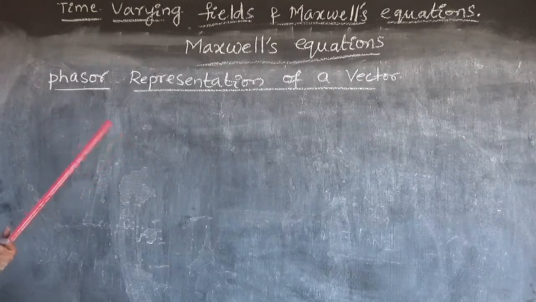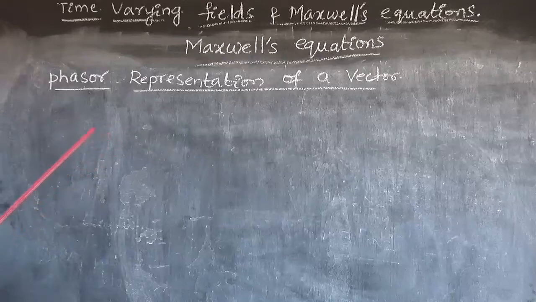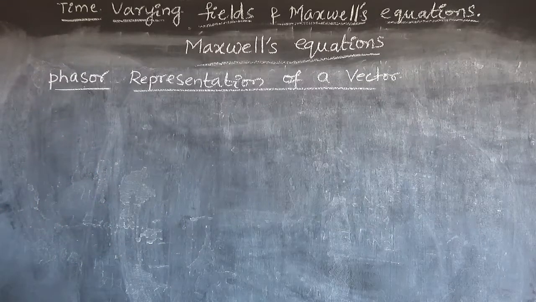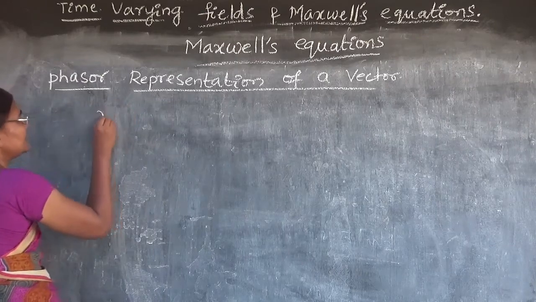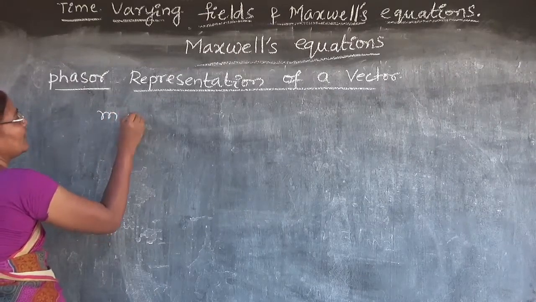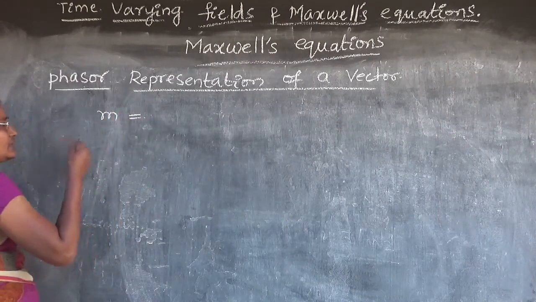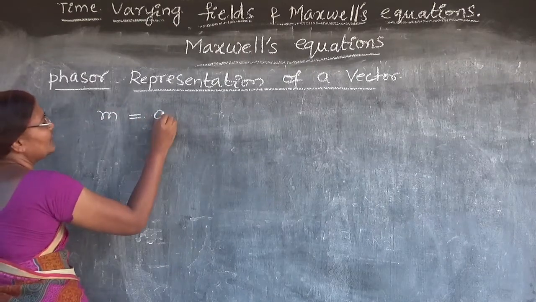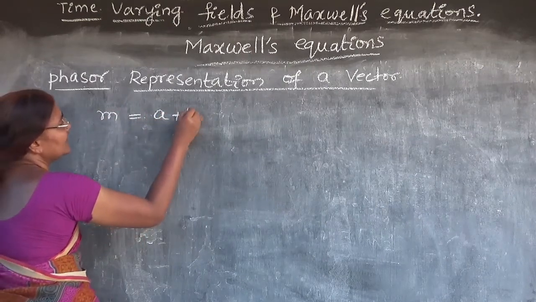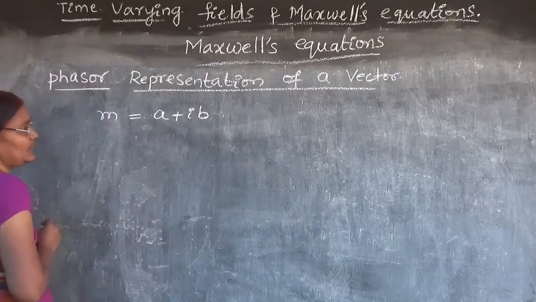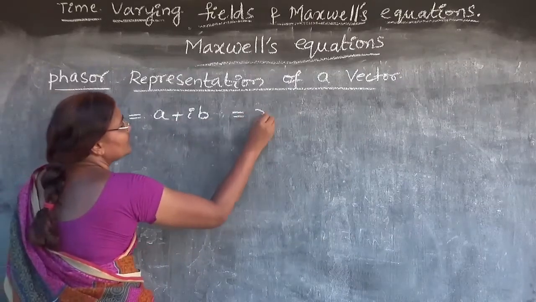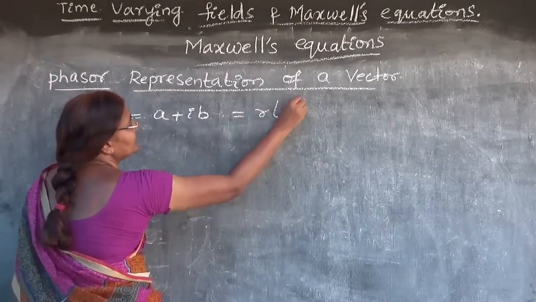So first we have to know what a phasor is. To understand a phasor, first you should understand that suppose there is a quantity m which can be represented as a plus ib, which is equal to r angle theta degrees.